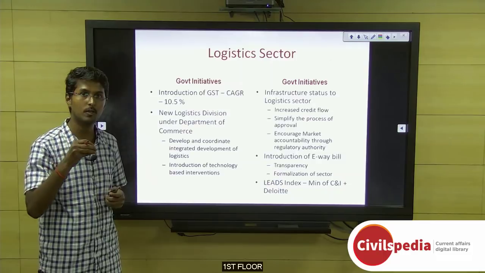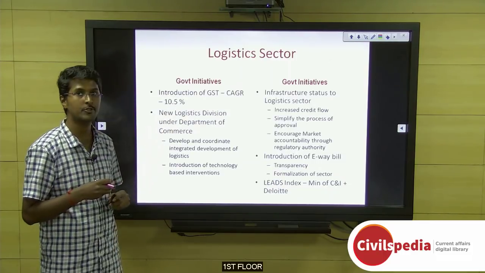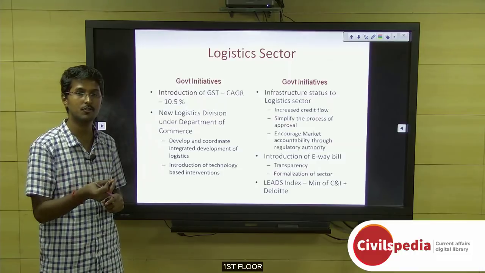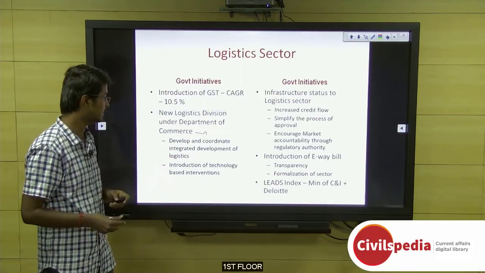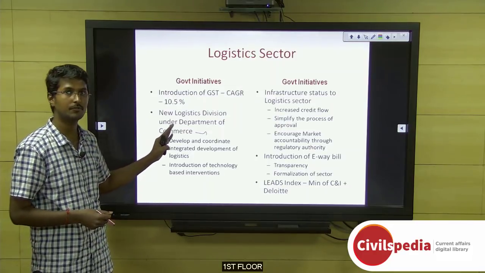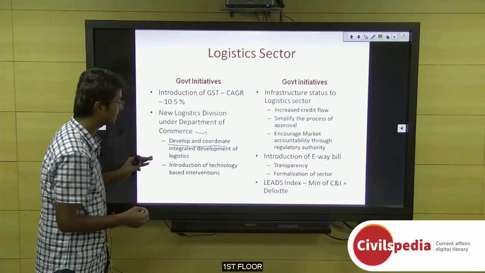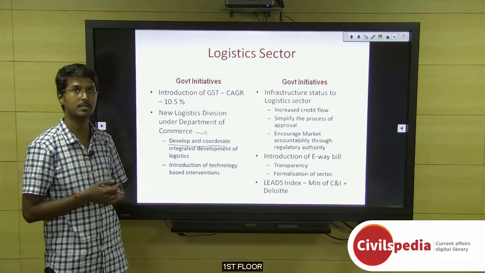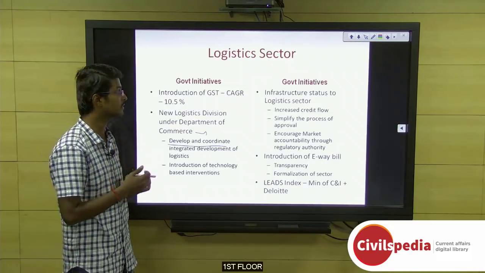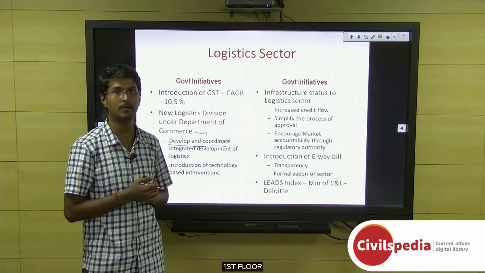And in order to focus especially on this logistics sector, a new logistics division has been created under the Department of Commerce, under the Ministry of Commerce and Industry. With the creation of this new logistics division, it will help in developing and coordinating the integrated development of the entire logistics sector and the introduction of technology-based interventions towards continuous improvement. And infrastructure status has also been given to the logistics sector.